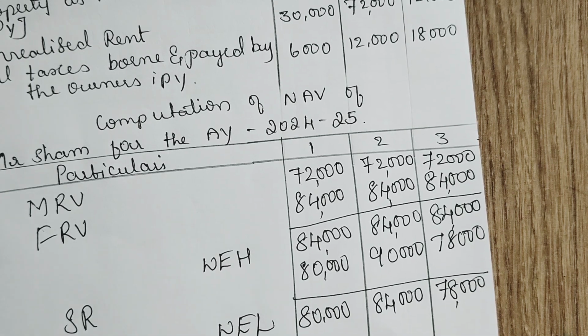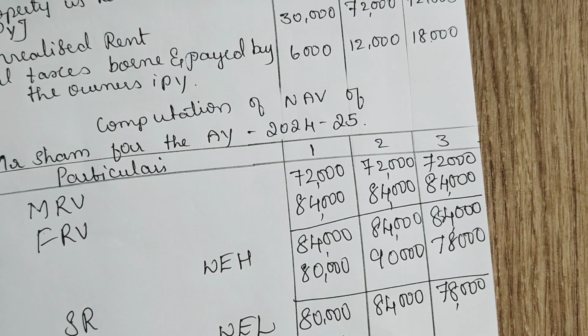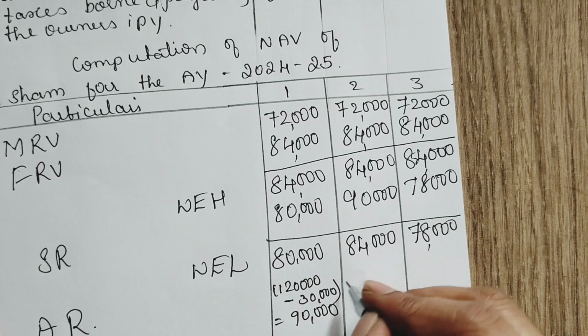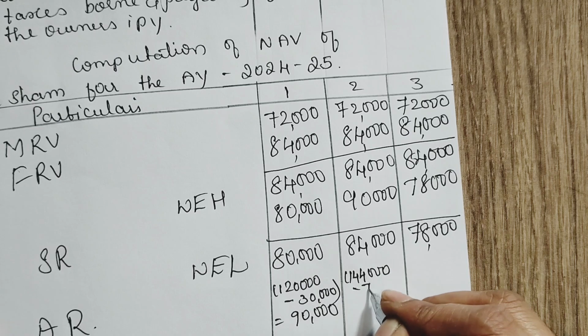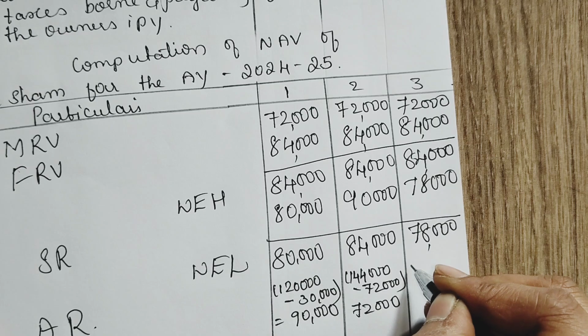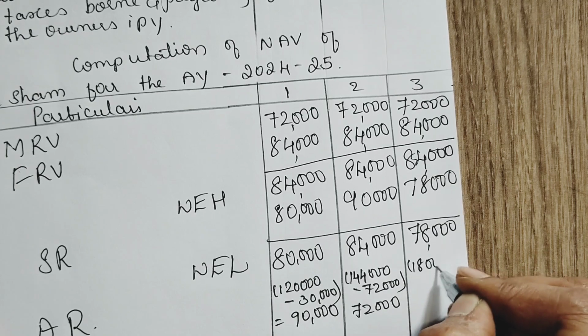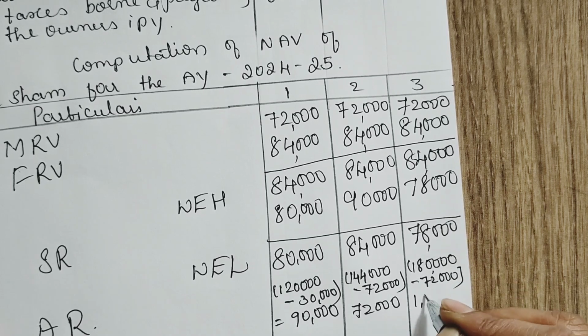Now with expected rent you have to compare actual rent. Actual rent and unrealized rent are given. Actual rent is 1,20,000 minus 30,000, 90. Then we have 1,44,000 minus 72, and 1,80,000 minus 72, 1,08,000.